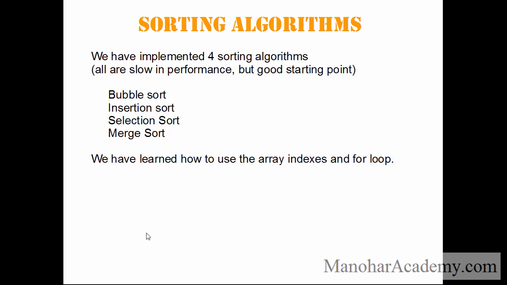For example, if you have 1000 elements, the time required to sort those 1000 elements using these 4 algorithms is very high. This is not an effective algorithm. The performance is very slow, but it is a very good starting point. And by implementing these 4 sorting algorithms, we have learned how to use array indexes, and also we have learned a great deal about for loop and for each loop.